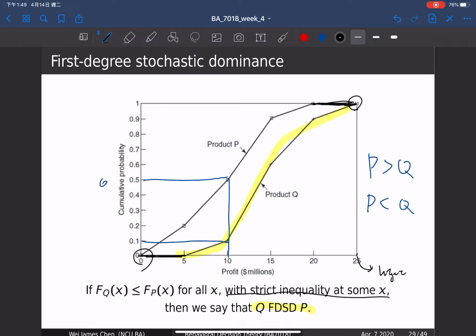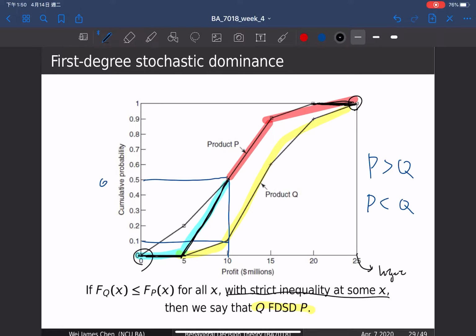Even if, for example, the probability P is like this, which is actually not possible because I didn't change the probability distribution in other parts. If I simply change to this one, the sum of all probability will not be 1. But I'm just giving an example.